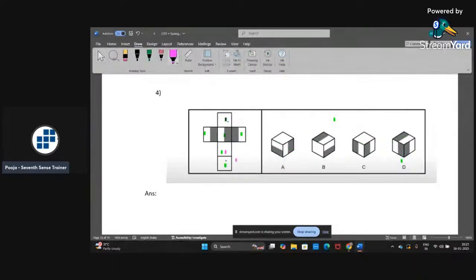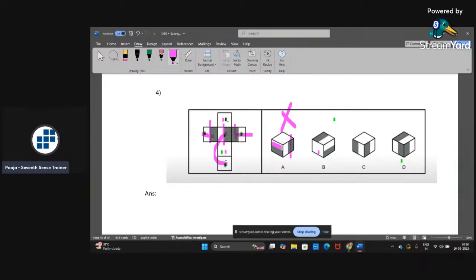Okay, for this and this will be the opposite one, right? For this and this will be the opposite face, and for this will be the opposite one. We'll check out. See here, all are in this direction, but here one is like this and one is like this, so this is not the option.